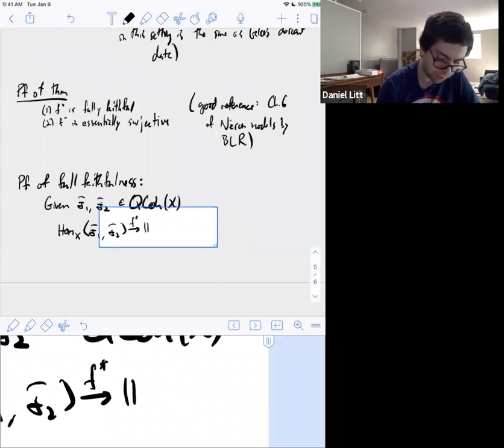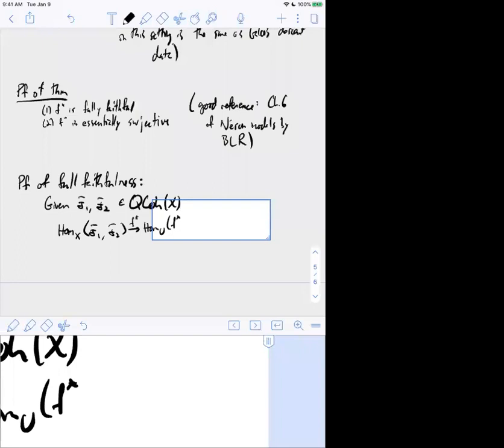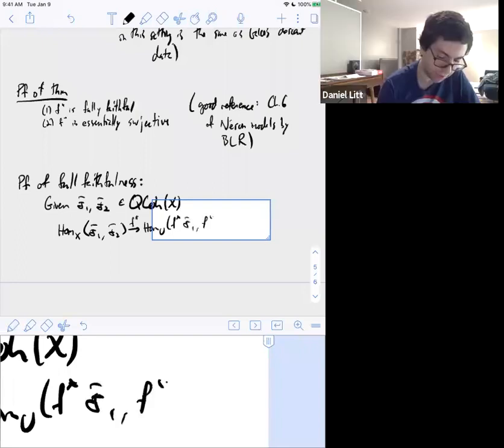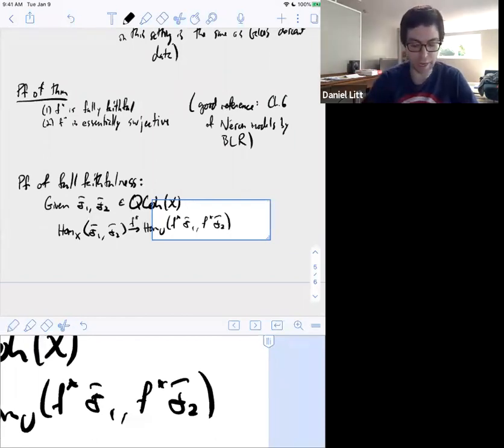It sends this to morphisms on U, our cover, between the pullback of F1 and the pullback of F2. We're not trying to show that this map is a bijection, because being a map of descent data is more than that. You need the morphism to commute with the descent data.